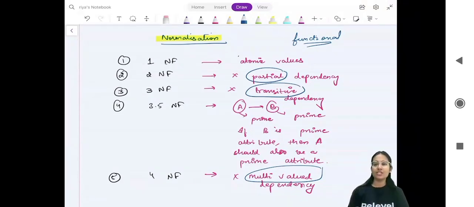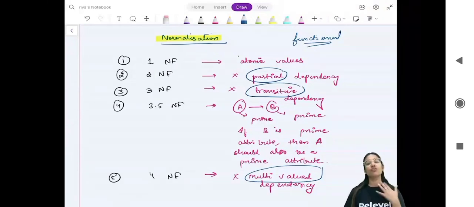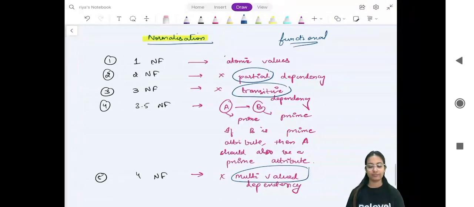Usually for normalization, there's no theoretical question asked. It's mostly that you're given data and you have to take it to 3rd normal form. Okay, so you have to reduce it to different normal forms step by step. That is how this topic is usually asked. Otherwise, it's mostly case to case basis as well. But normalization is one of the most important topics, right? So you have to make sure you put in that much effort to fully understand this.